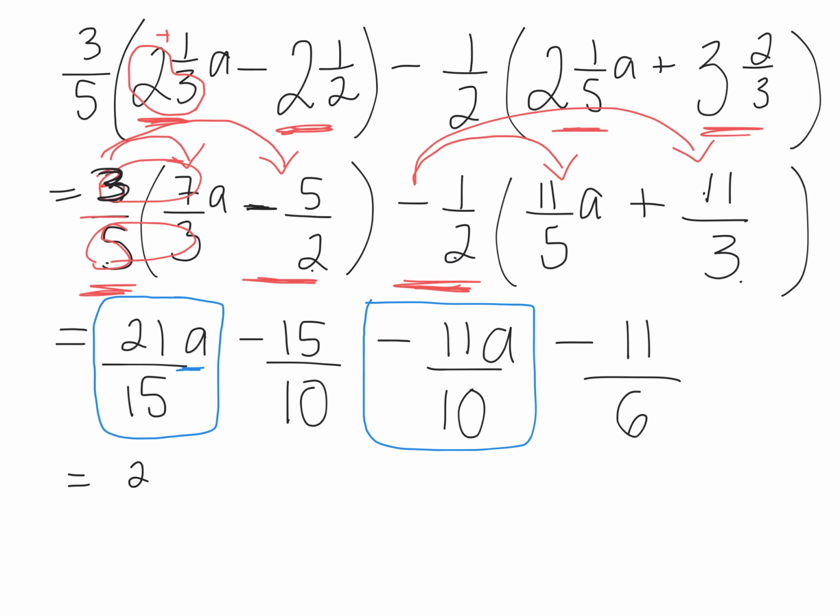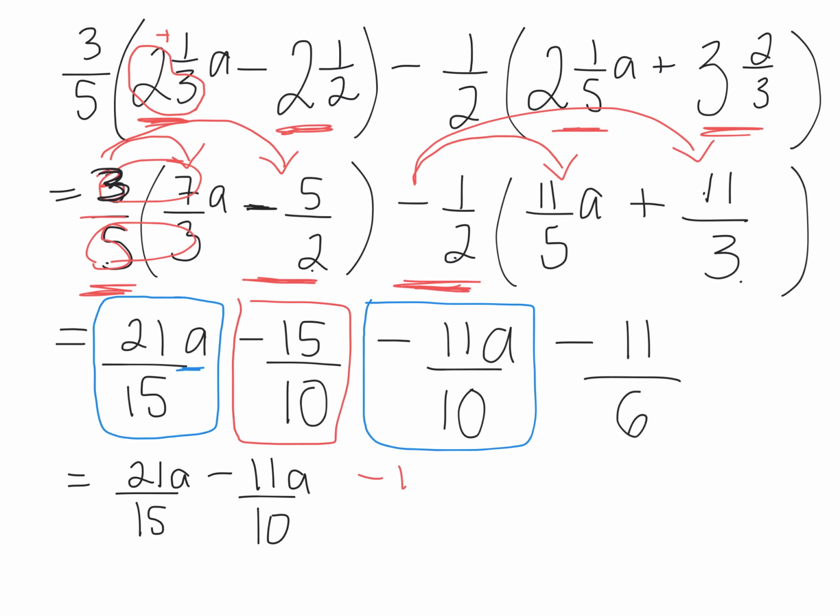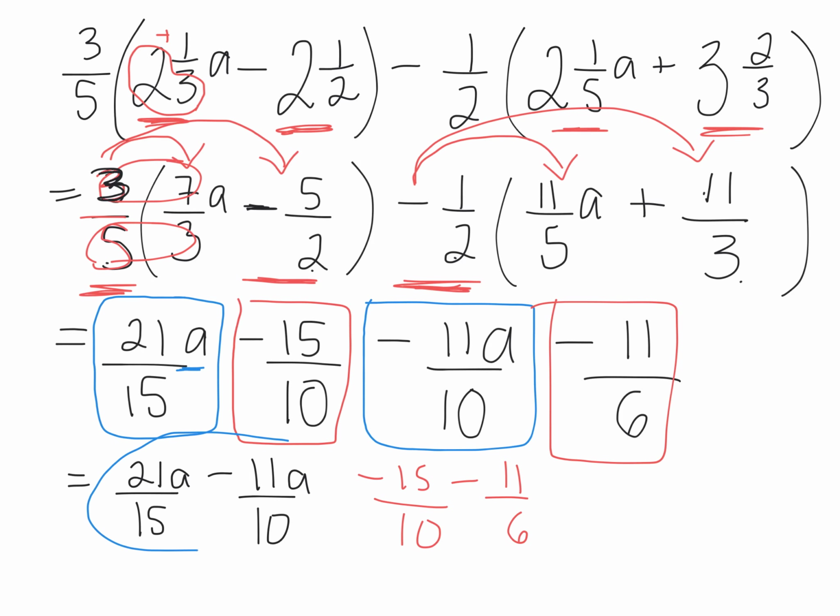We're going to take 21 over 15a and subtract negative 11 over 10a. And then we have negative 15 over 10 and negative 11 over 6. These are like terms because there's no variables with them. Okay? Now, we need to subtract this and then subtract that.